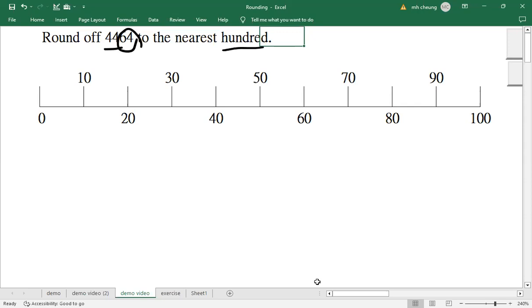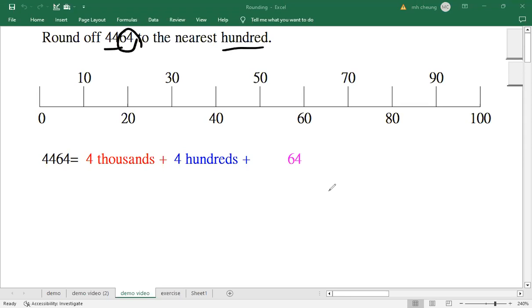Okay, let's break down the number. 4,000. This number can be broken down into 4,000s followed by 400s together with the remaining part 64. 64 here, as we are rounding off the number to the nearest hundred.